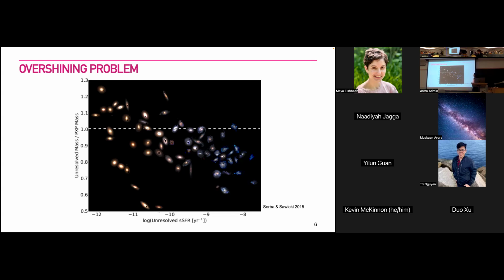And it's showing that galaxies with a higher star formation rate seem to have a more underestimated stellar mass in unresolved photometry of galaxies. So if this line means that it's the same for unresolved photometry, it means that we are missing stellar mass in these galaxies if we only apply a single aperture.